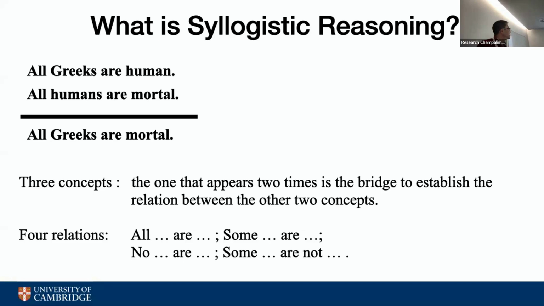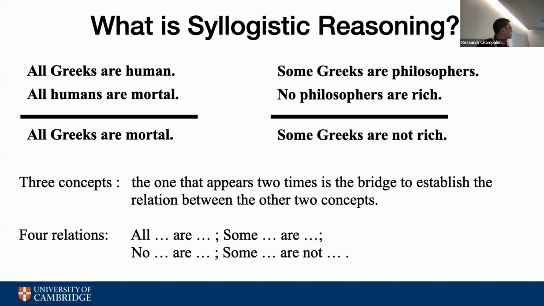So we can have another syllogism: some Greeks are philosophers and no philosophers are rich, therefore some Greeks are not rich. All right.